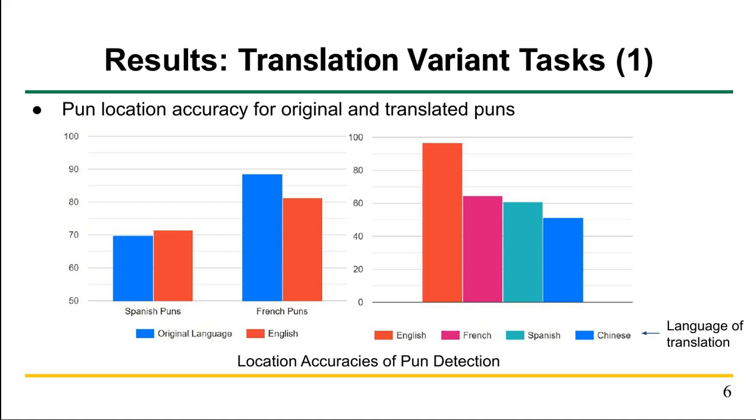Interestingly, ChatGPT can often locate Spanish and French puns even when the pun is translated into English. It can also catch English puns translated into other languages, including Chinese, with at least 50% accuracy. This suggests a strong tendency towards subordinate multilingualism.